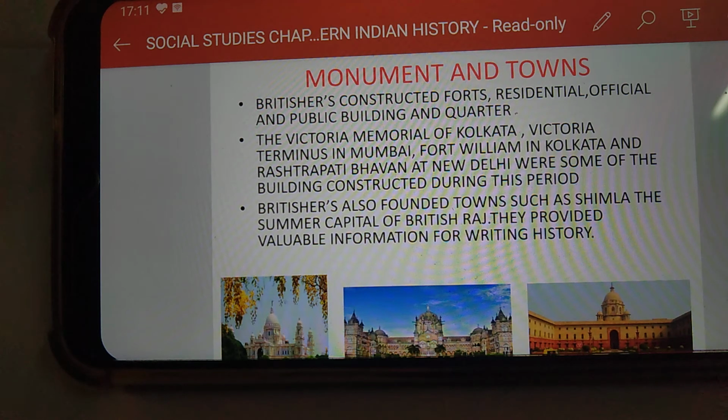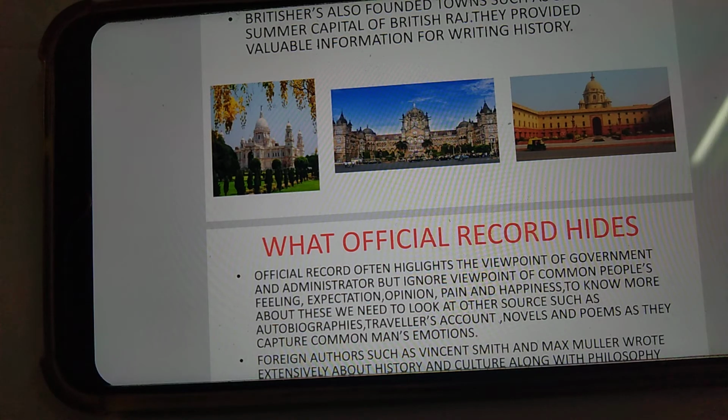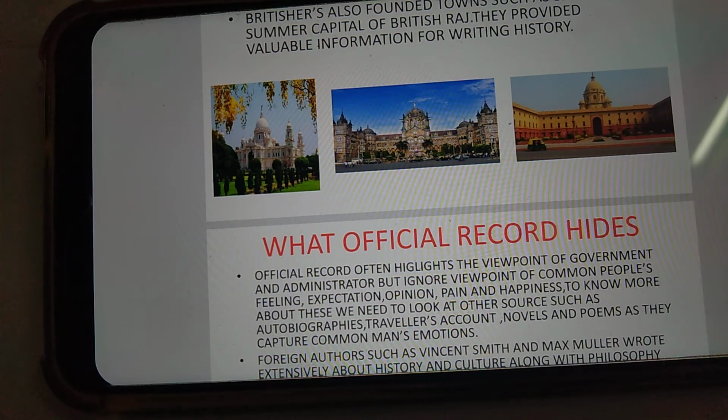The British also founded towns such as Shimla, the summer capital of the British Raj. They provide valuable information for the writing of history. Here are some buildings built by the British Raj.